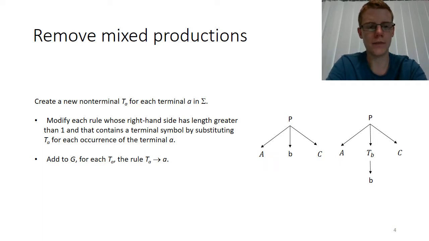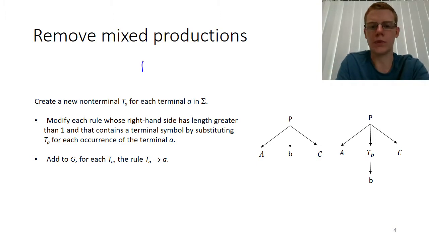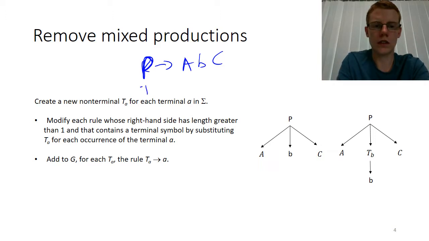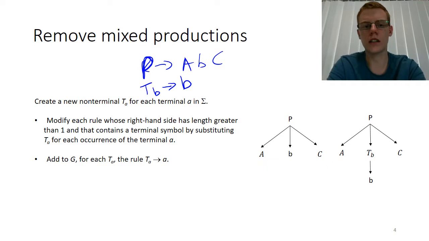What we do is we get all of the rules whose right-hand side is longer than 1, has more than one symbol in it, and contains some sort of terminal. So for instance, maybe P goes to big A, little b, C. And what we do is we make a new rule for that terminal symbol called T_b, which only has on the right-hand side the single terminal b.